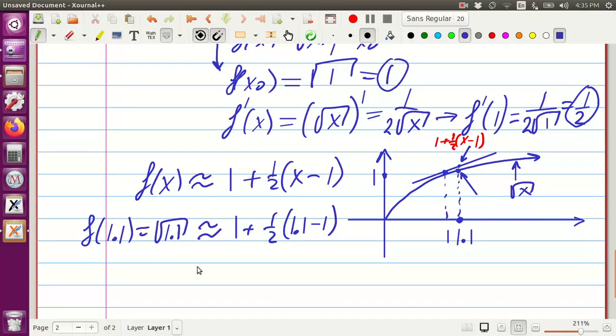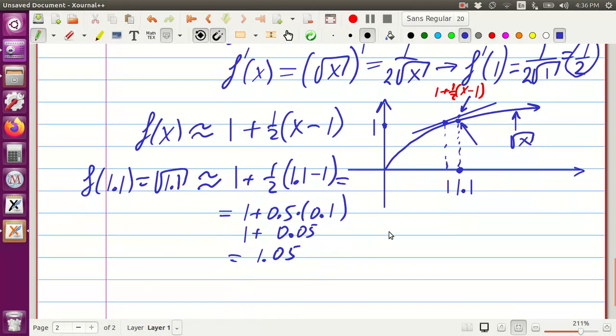So we have 1 plus 0.5 times 0.1. It's easy to multiply 0.5 by 0.1, it's just 0.05. And so we get 1.05. So that means the square root of 1.1 is approximately 1.05.